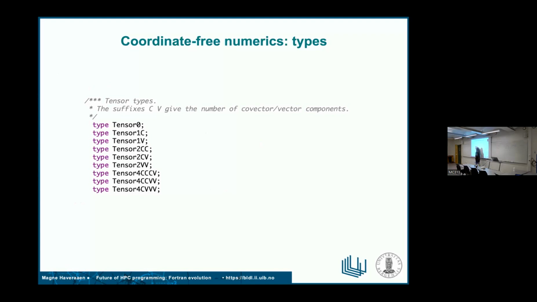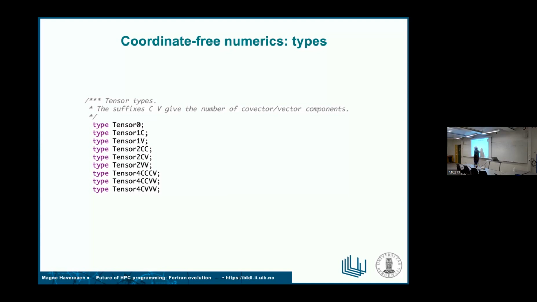So I got tensors. These are scalar values. These correspond to vectors, but I have covectors and vectors. And the reason I have two of them is that they behave differently under coordinate transformations. And also, if I start separating covectors and vectors, some operations are coordinate sensitive and other operations are coordinate insensitive.